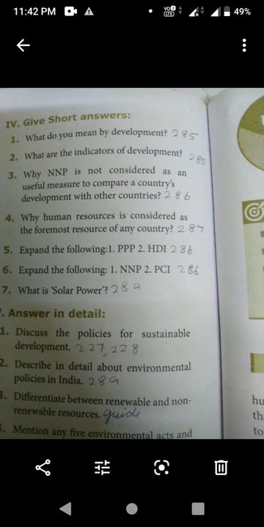In page number 287, under the heading Sustainable Development: sustainable economic development is taken to mean development without damaging the environment and not compromising with the needs of the future generation. The consequences of environmental degradation do not respect national or state boundaries.